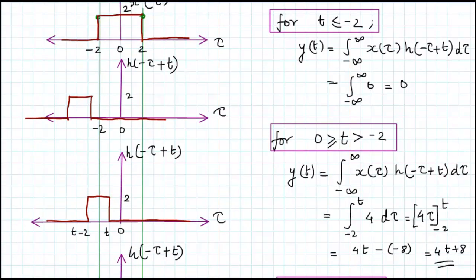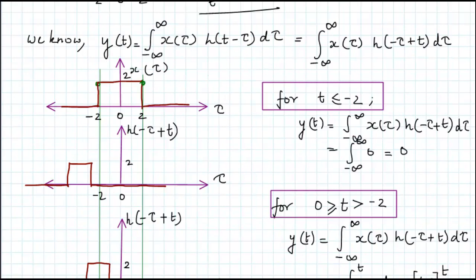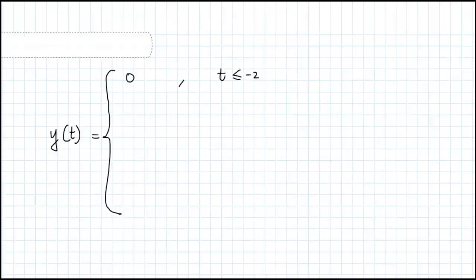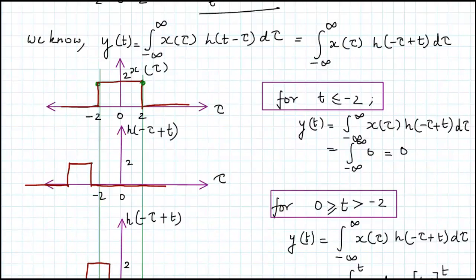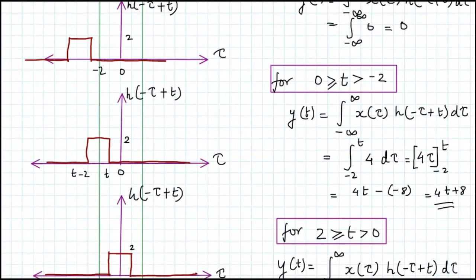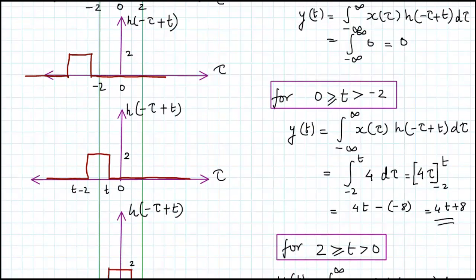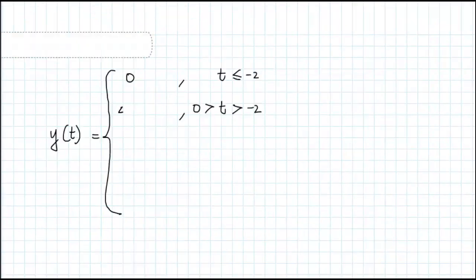So I will write t greater than minus 2 but less than 0. The value is going to be 4t plus 8.